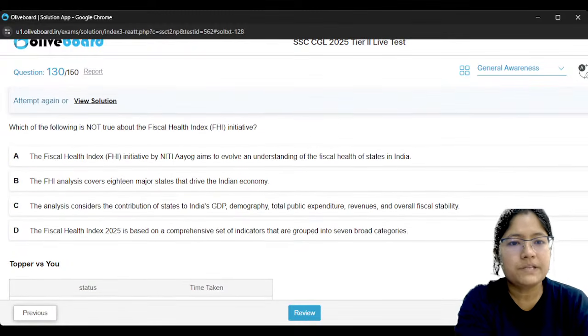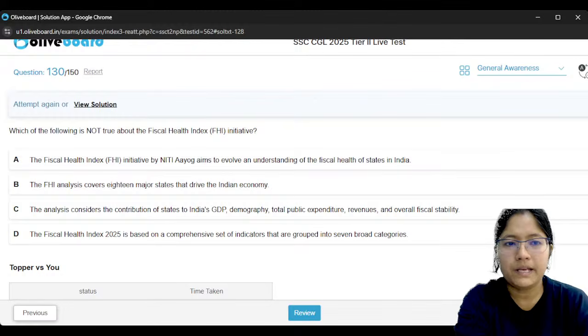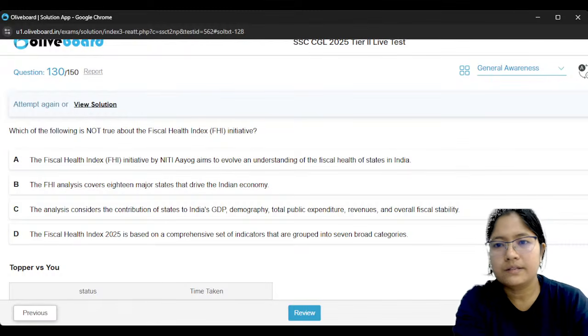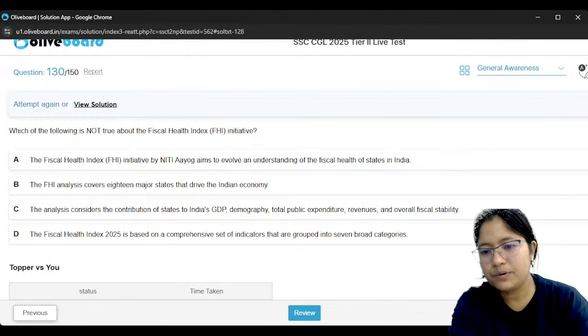So, is it grouped into 7 broad categories? Yes, it is into 7 broad categories. The initiative by Niti Aayog aimed to evaluate and understand the fiscal health of the states in India. Yes. And Odisha is number 1, correct?